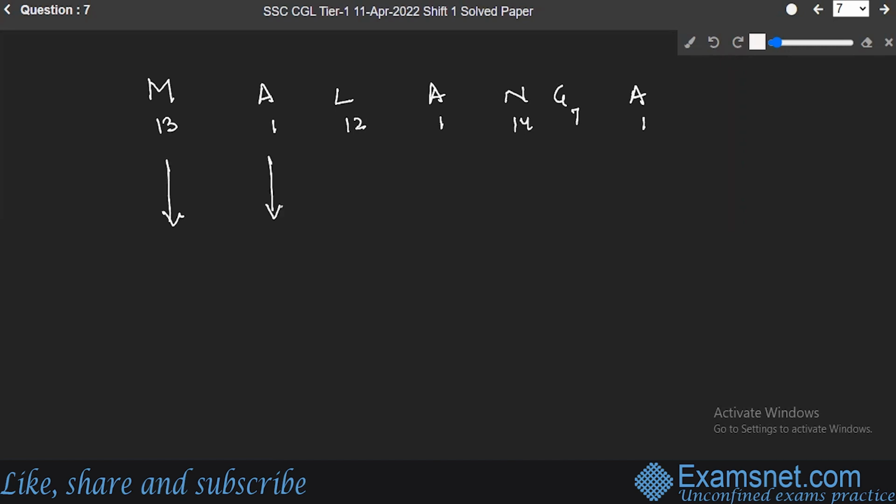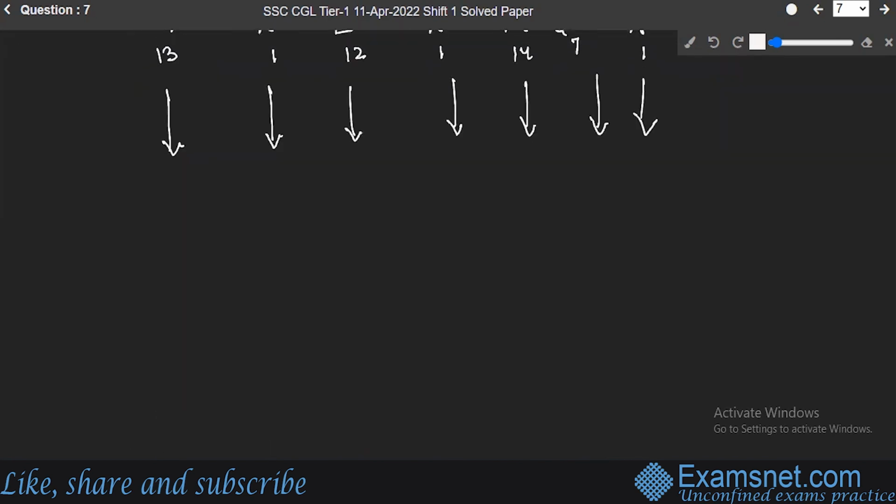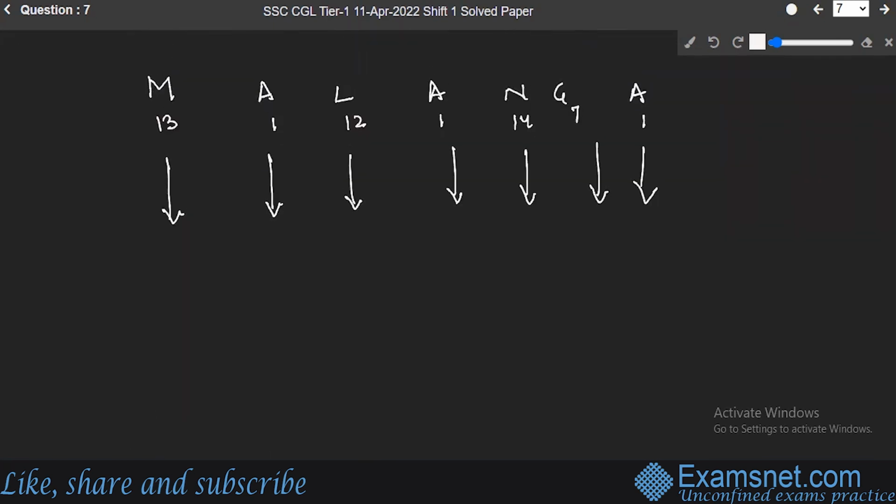If I'm using the same logic which we just saw in the given one, plus 1, plus 2, plus 3, plus 4, plus 5, plus 6, plus 7, let's do the same thing over here.